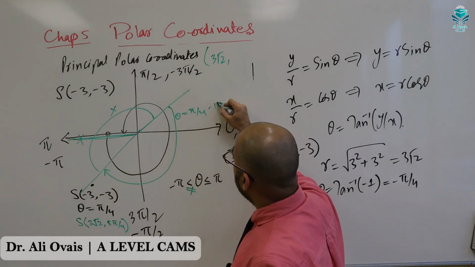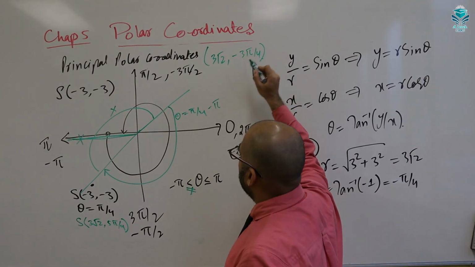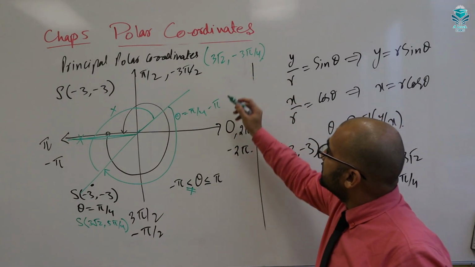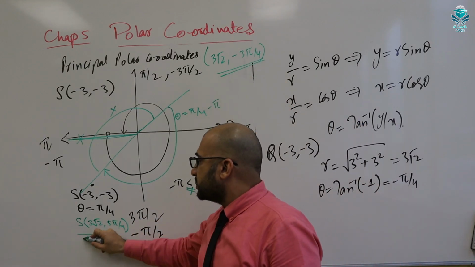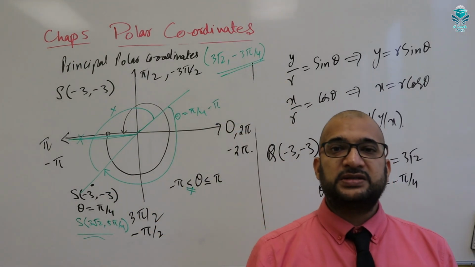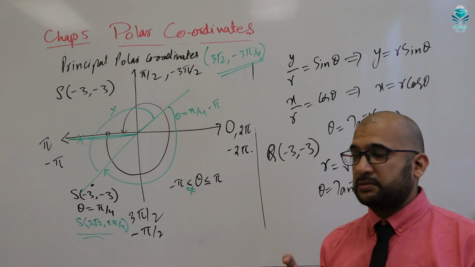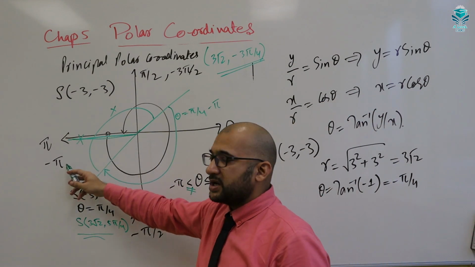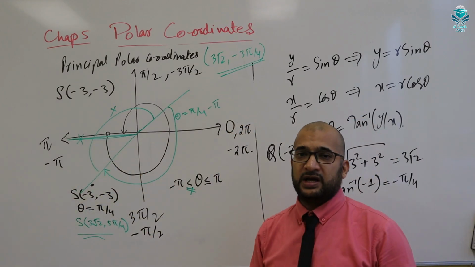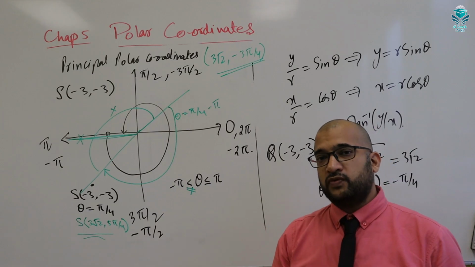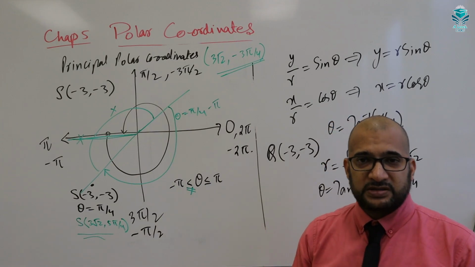So pi by 4 minus pi is minus 3 pi by 4. Understand? This is the principal polar coordinate of the same point, minus 3, minus 3. That is an important point. You must keep in mind there is a barrier at minus pi that we cannot cross, but we have to reach the point, so we have another approach. We can move clockwise to reach the point. So student, for the next lecture, stay with us.